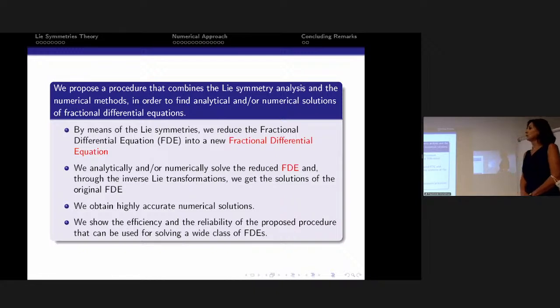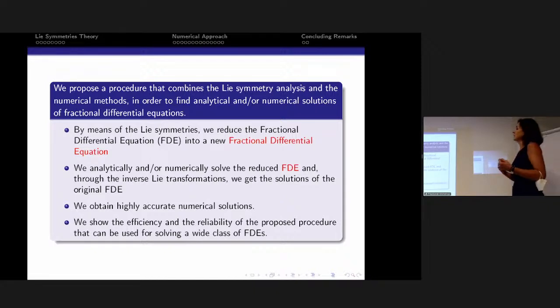This procedure consists of two different steps. In the first one, by using the Lie symmetry theory, we can map the original fractional differential equation into a new fractional differential one. Then we solve it analytically if it's possible, but if it's not possible, we propose suitable numerical methods.